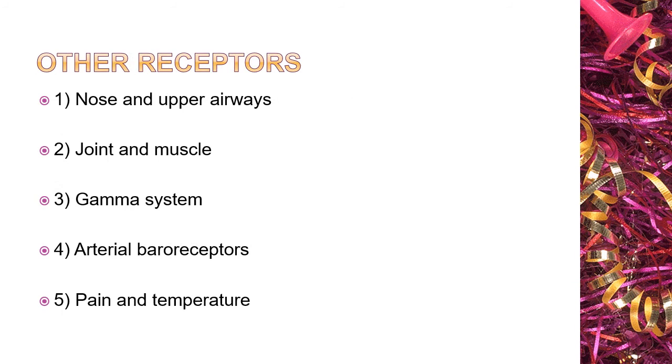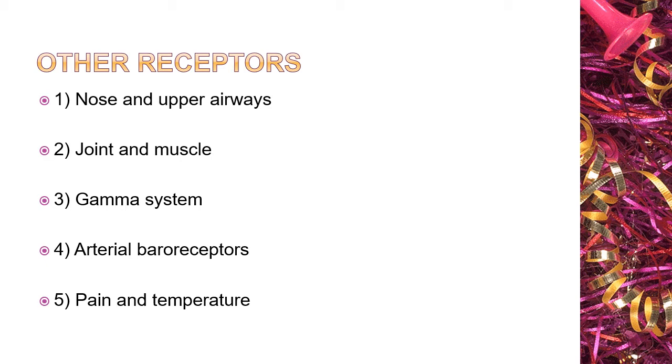Right, so there are other receptors that can influence our respiratory system. First and foremost, we have the nose and the upper airways. I think you understand clearly how this can affect our breathing, right?